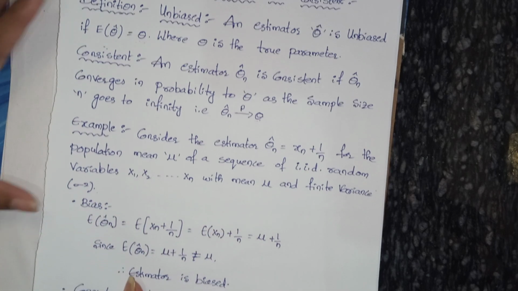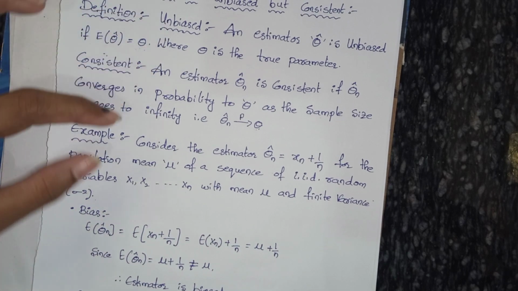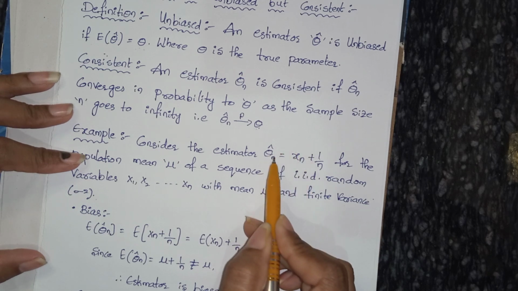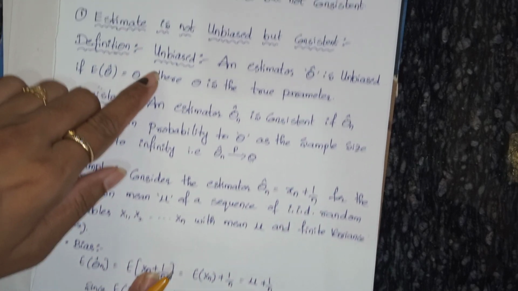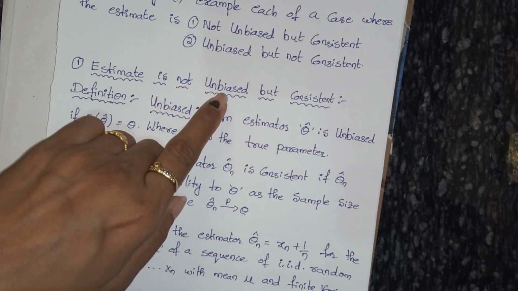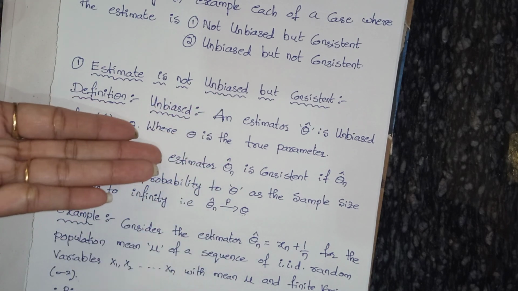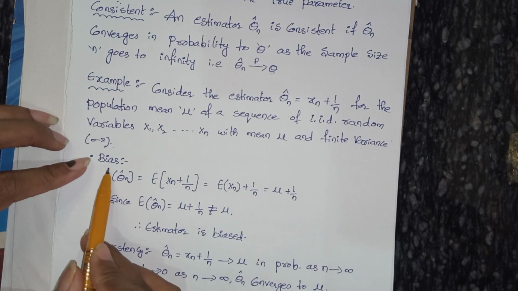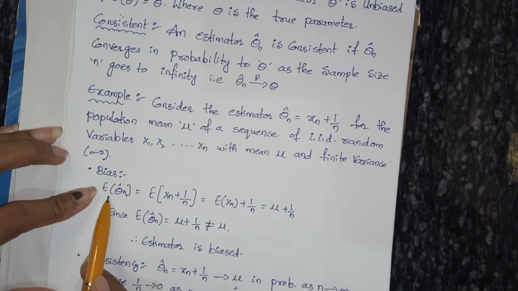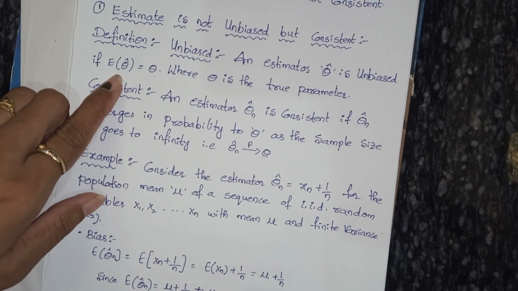Now let us see whether these two properties are satisfied by this estimator or not. First, not unbiased means it is biased, so we are checking the bias. What is the condition here?